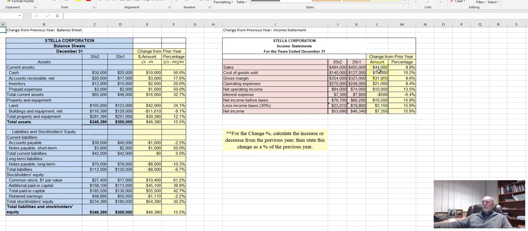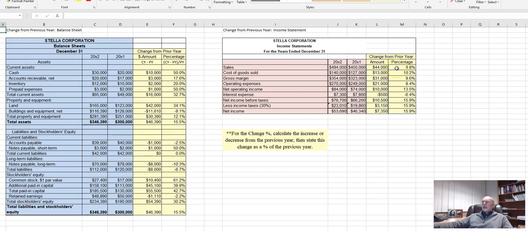So that was a $44,000 increase, which is a 9.8% increase over the 450 that we had in the previous year. So again, you take the difference and divide that difference by the previous year, and that gives you your percentage change.